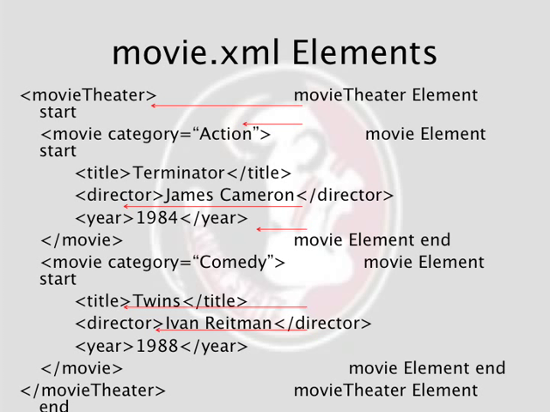So you have the movie theater, that's the XML file, that's the start and the end. And then you have a movie element, which has a category here, and then it has another element, a title element inside, then a director element, and then a year element, and then you close out the movie element. And here's another example of another movie.